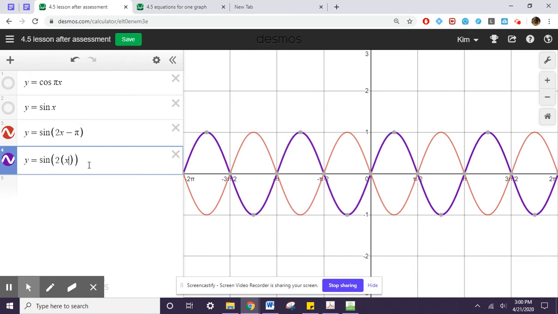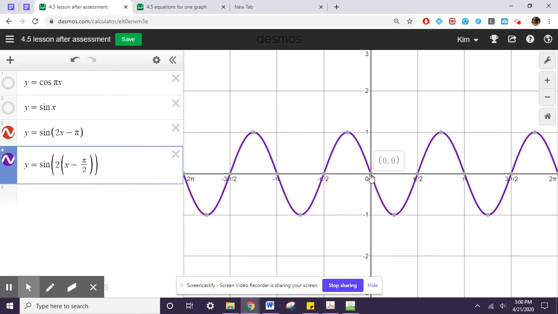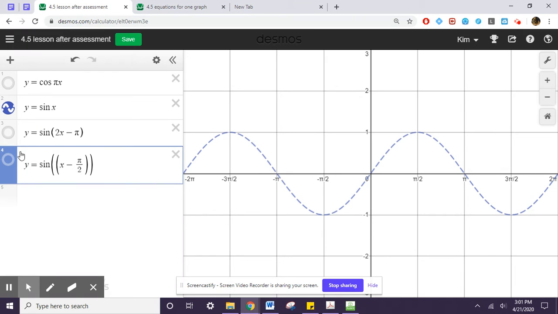So let me show just the sine graph with the horizontal shrink. And then we give this a shove pi over 2 to the right. And we get that graph. Another way to do it is to actually take sine and move it pi over 2 to the right first. So here's sine. You could move it pi over 2 to the right first.